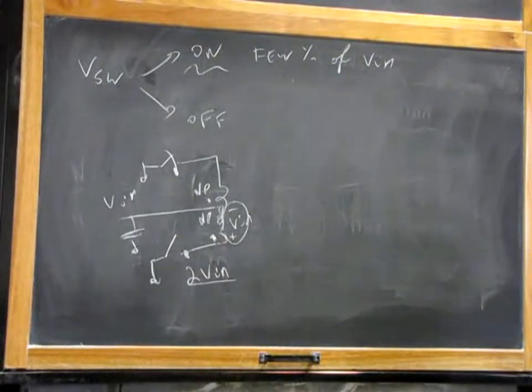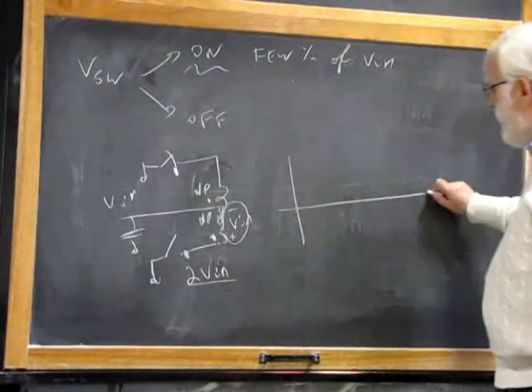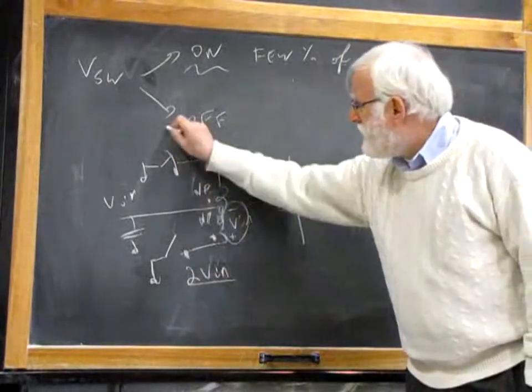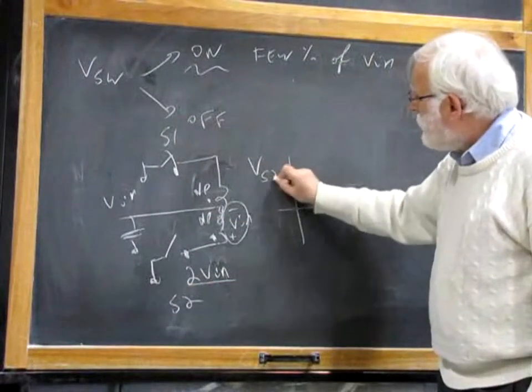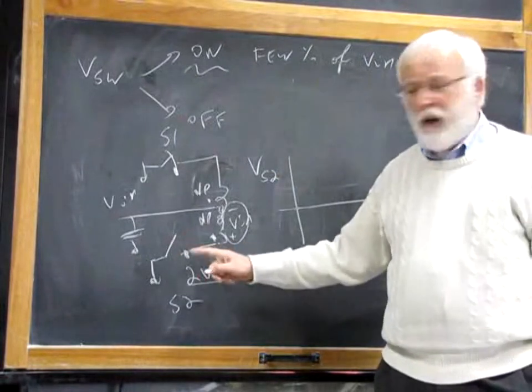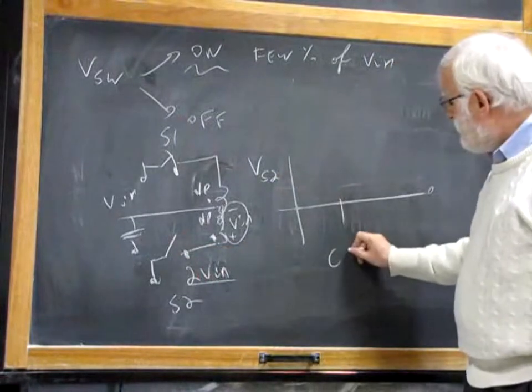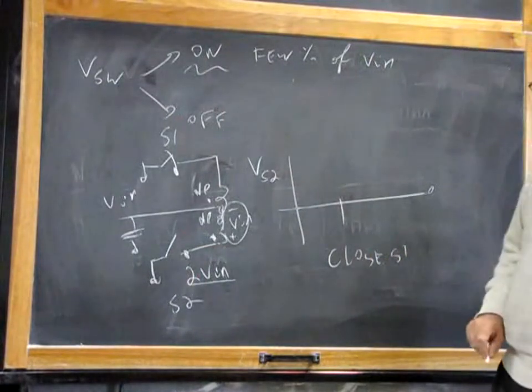Because when you close the switch over here, you get something like that. Let's see, this is S1, this is S2. Let's go to see the S2, the voltage across the switch 2. At this point in time, I close S1.